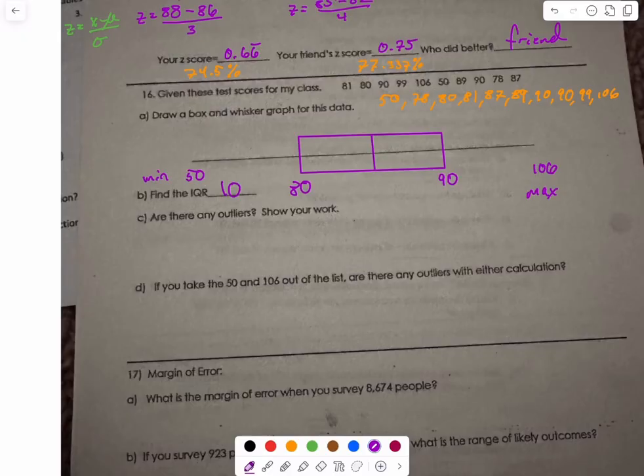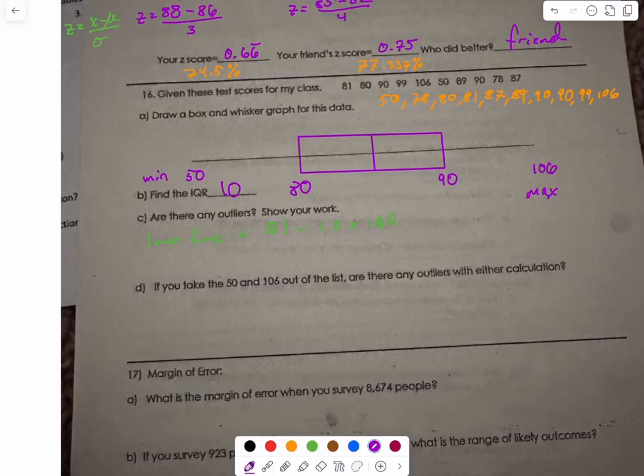So the lower fence is going to be Q1 minus 1.5 times the interquartile range, right?